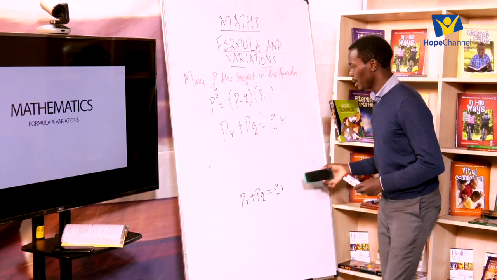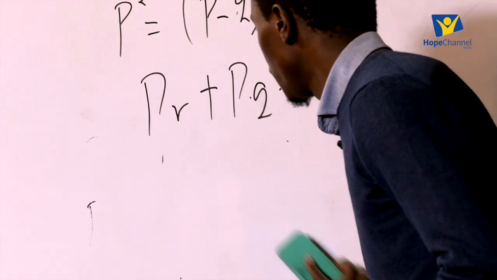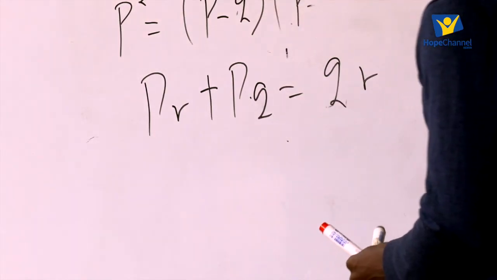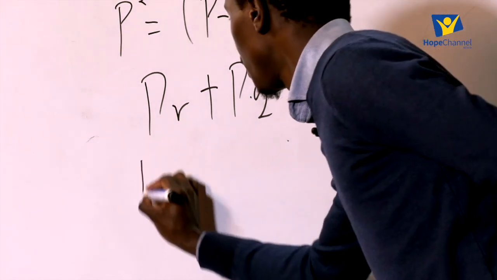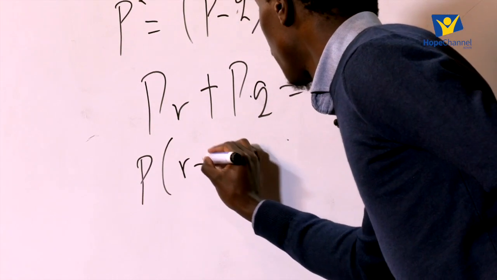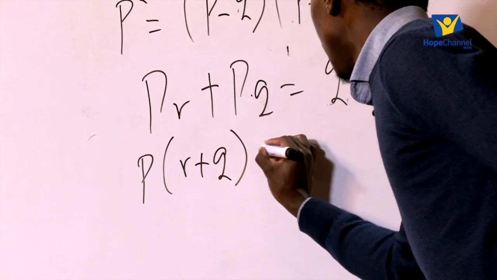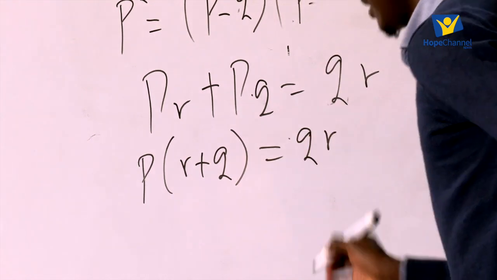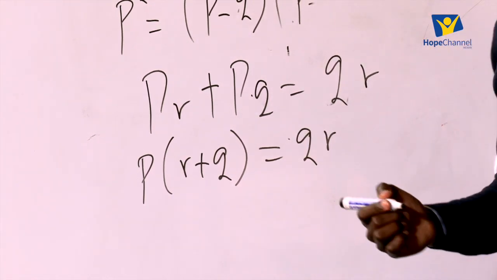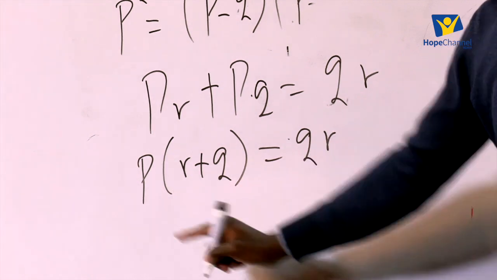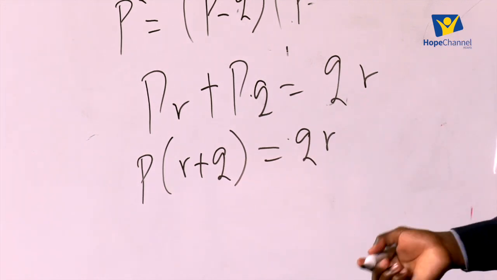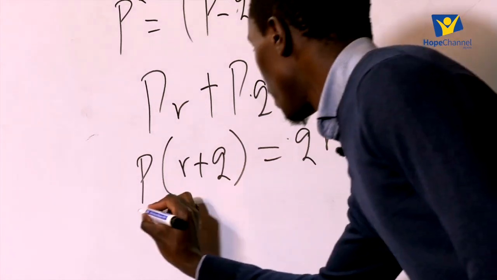So because p is common on the left hand side, we're going to factorize. And now by factorization, we'll have it as p into r plus q is equal to qr. Same as the previous example, because now we are required to make p the subject, we're going to divide by r plus q on both sides.